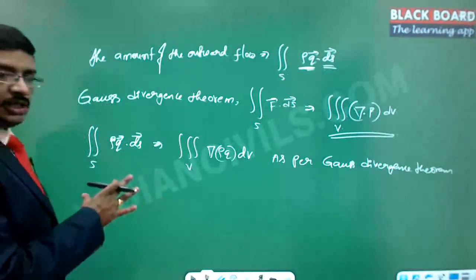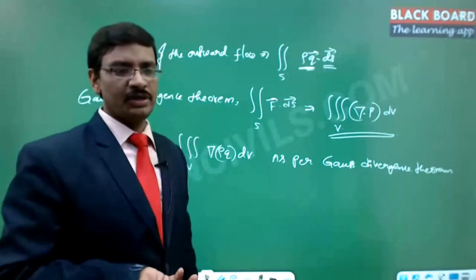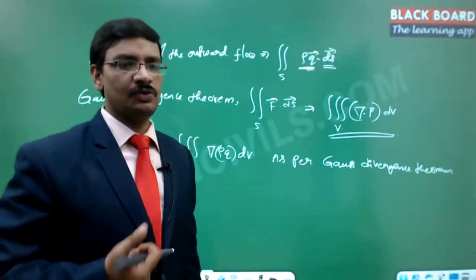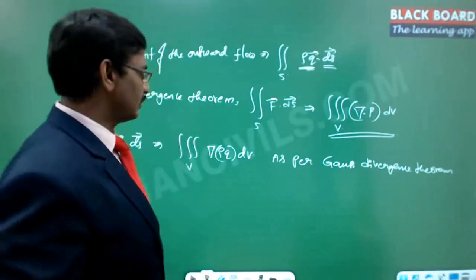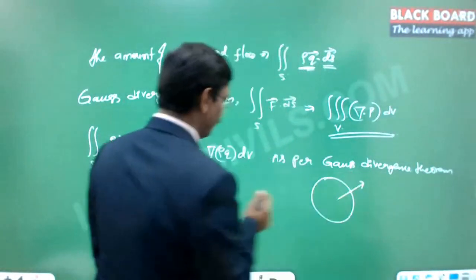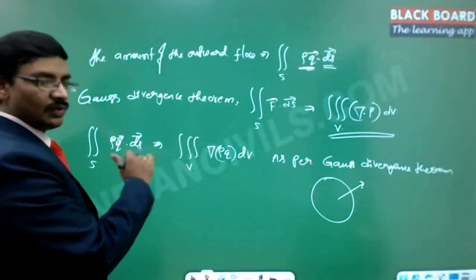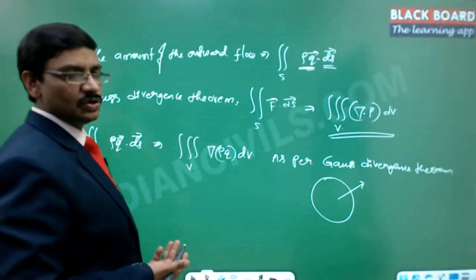Now this flow, if you consider the closed surface as the system, then outward flow you can consider as negative, and then inward flow you can consider as positive. Hence from the closed surface area, the outward flow which we have calculated now, how much is the amount of the flow that is going out? That's what we have calculated, and let us consider this going to be negative.